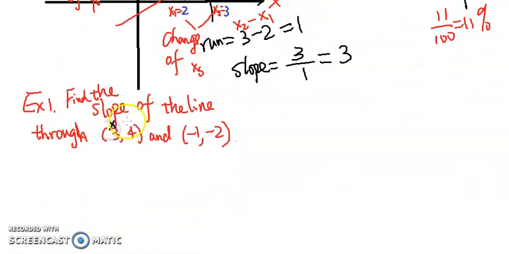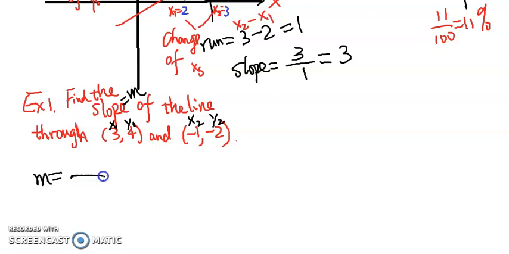First number is x, second number is y. For the first pair, we use the subscript 1. For the second, we use 2. Now we can use the slope formula. By the way, for the slope, usually we use the letter M to denote it. Sometimes we also use the letter K. These two are the commonly used ones.